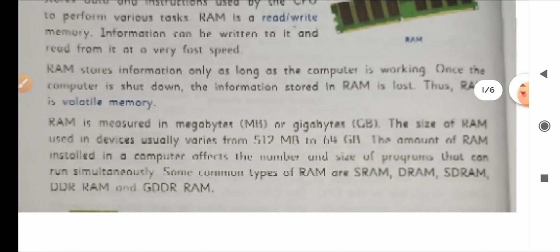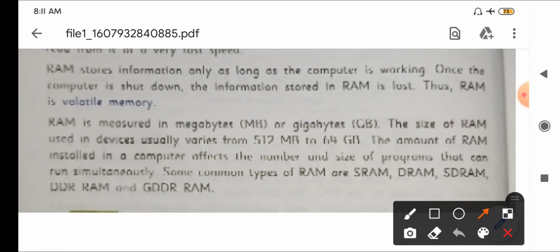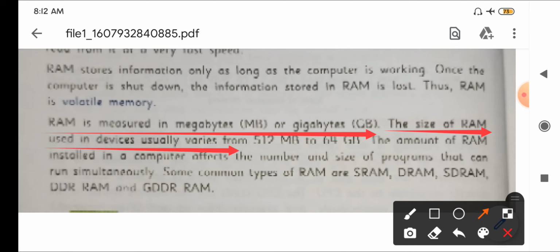Now RAM is measured in megabytes. What is the short form of megabyte? MB, or gigabyte, that is GB. The size of RAM used in the device usually varies from 512 MB to 64 GB.